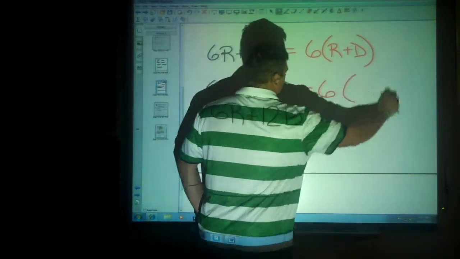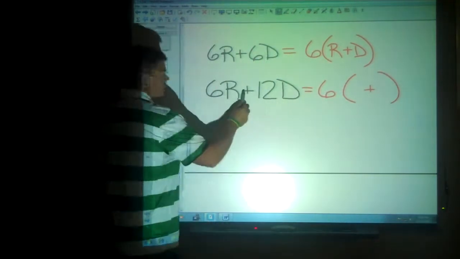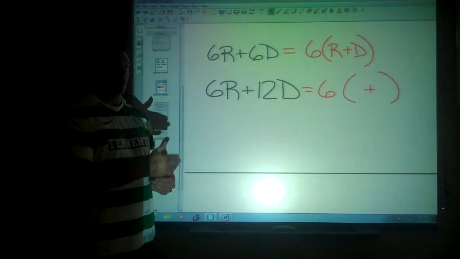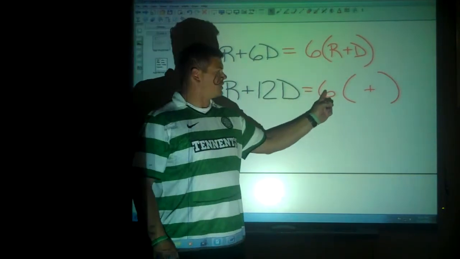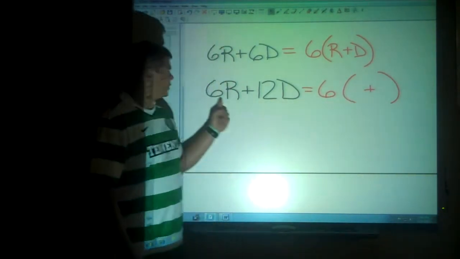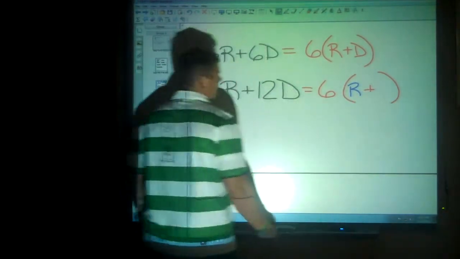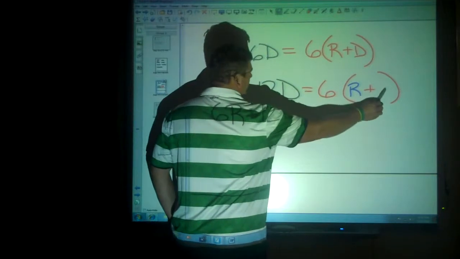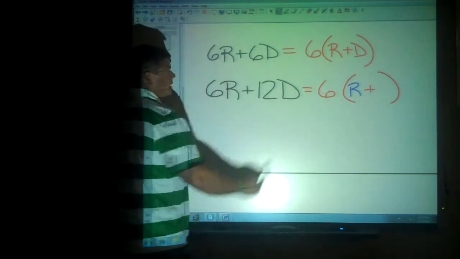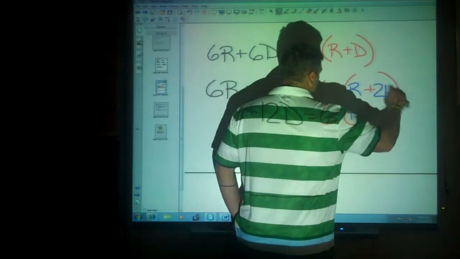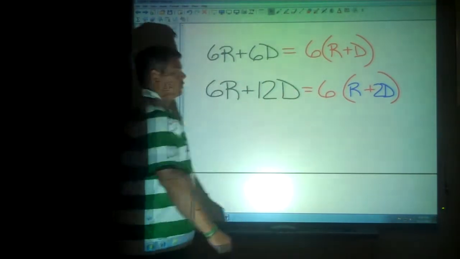So I'll put 6 out like this. I know it's addition here, so it's going to be addition there. Now, again, I turn right around and ask myself, what would this 6 have to multiply by right here to create 6R? The answer, R. But what would this 6 have to multiply by here to make 12D? The answer is not D anymore, the answer is 2D. So that's a little bit different.